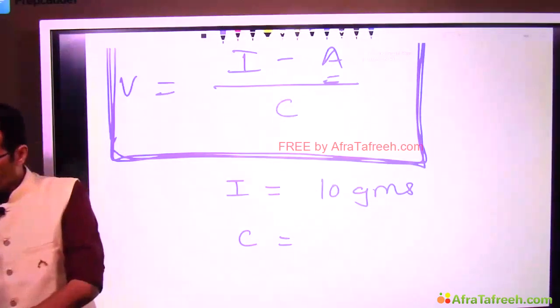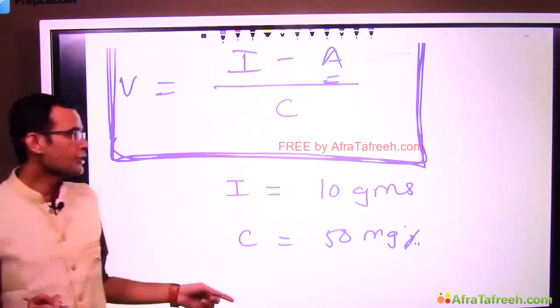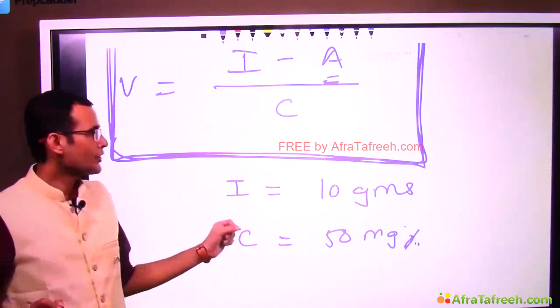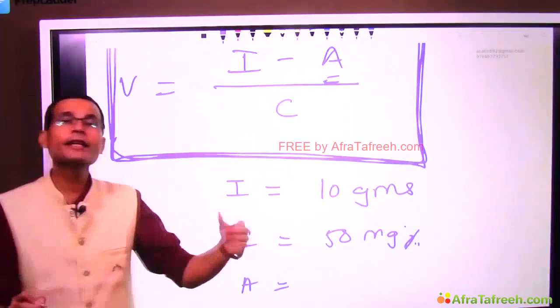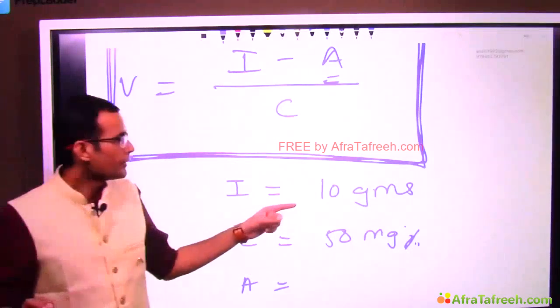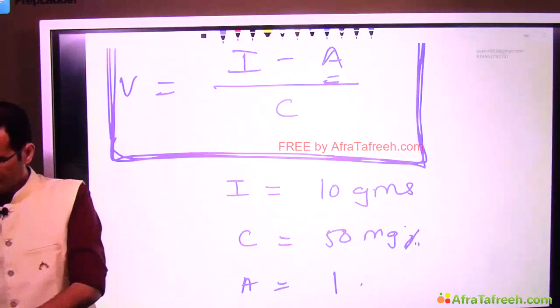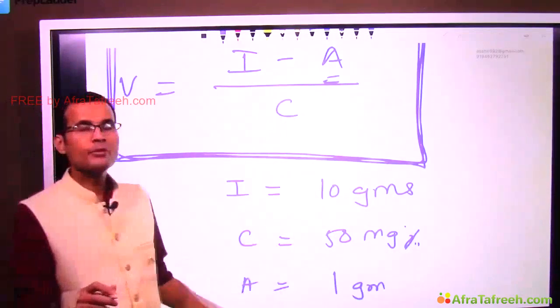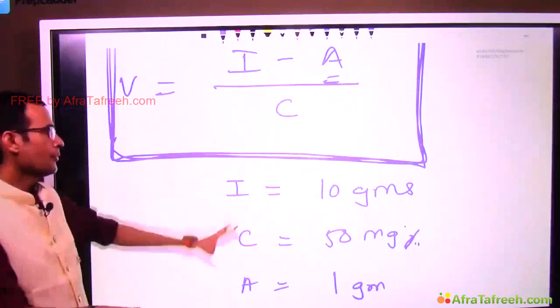It was found to be 50 milligram %. I also mentioned that after initial injection of mannitol, some 10% was excreted out of the body. So A was 10% of 10 grams, that means 1 gram was lost out of the body after initial injection.